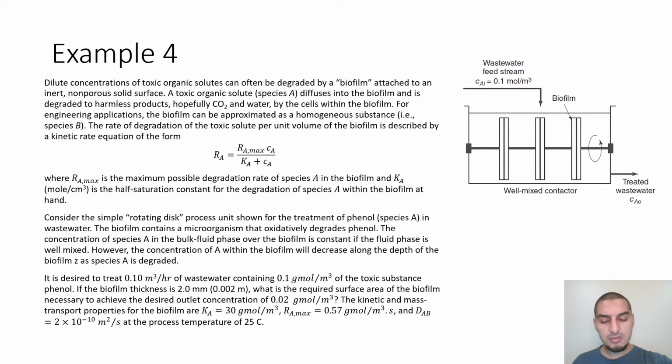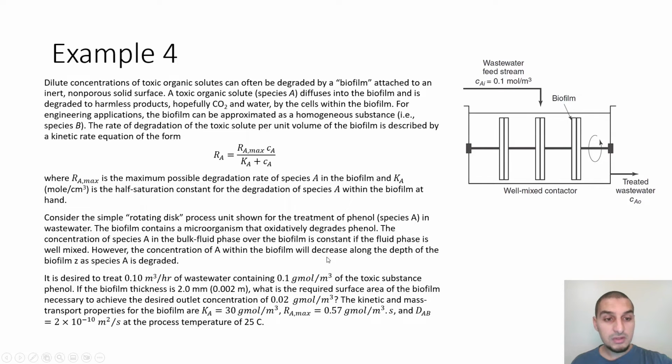And there is one other piece of information that we will discuss shortly. This is what it says: the concentration of species A in the bulk fluid phase over the biofilm is constant if the fluid phase is well mixed. However, the concentration of A within the biofilm will decrease. This is the part that relates to mass transfer here.